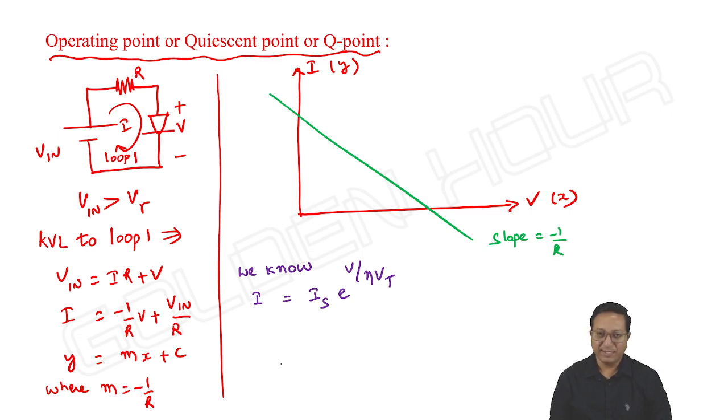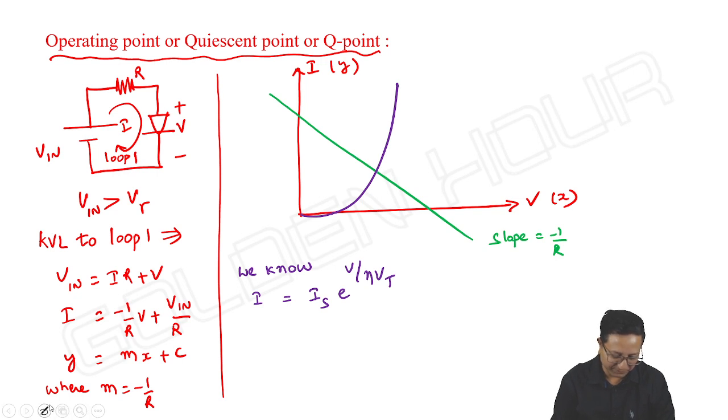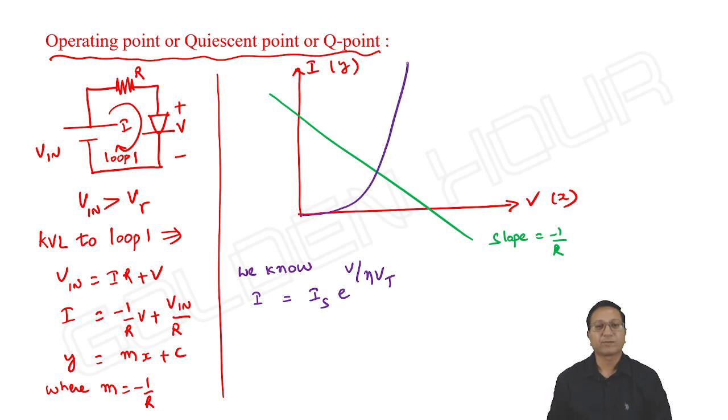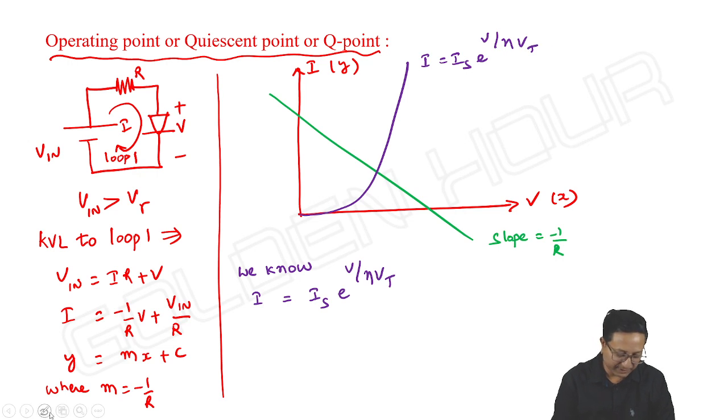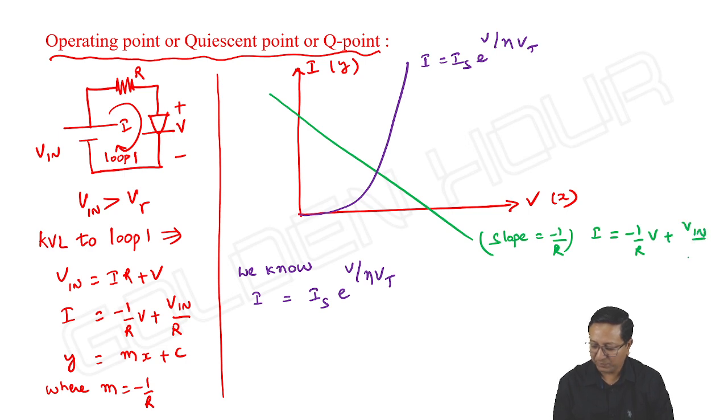Then if you draw this curve, it appears something like this. It is I is equal to Is into e power V by eta Vt, and the green color one is I is equal to minus 1 by R into V plus V input by R.